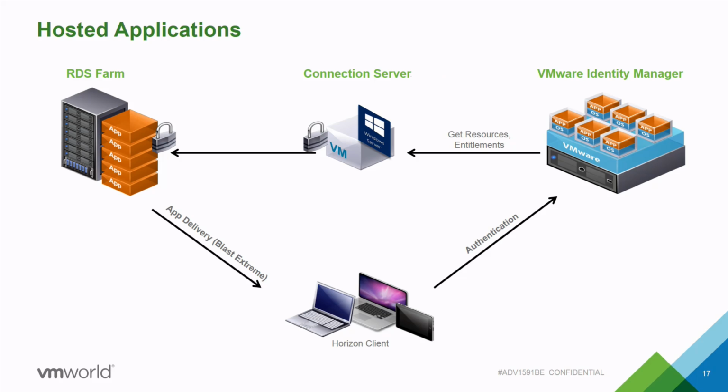So the user logs on, authenticates to the identity manager, and the identity manager requests all resources, checks if a user is entitled, and as soon as he is entitled, he will get a session allocated. The user then directly connects towards the RDSH farm or a virtual desktop, and he gets access to his application or desktop. And of course, we can deliver that both through Blast Extreme as well as PC over IP. But in the demo, we're going to focus on Blast Extreme as well.